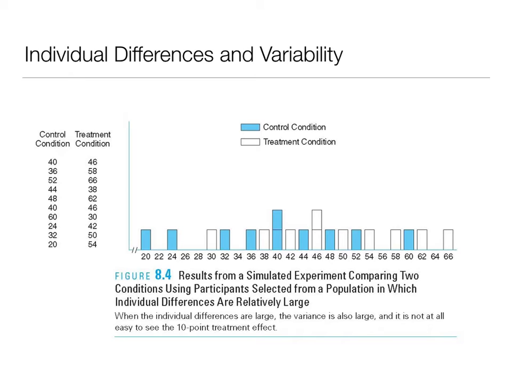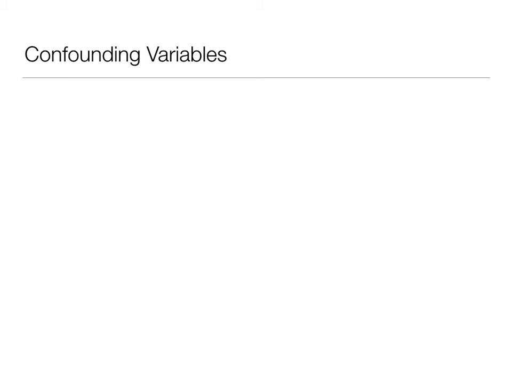And this is really our major problem with between subject designs. When we use within subject designs, one of the reasons that we're probably doing it is to control for individual differences, so we don't have to worry about this fact of individual differences. Now, all is not lost. There are ways that we can control individual differences in a between subjects design, and we'll talk about those as well.